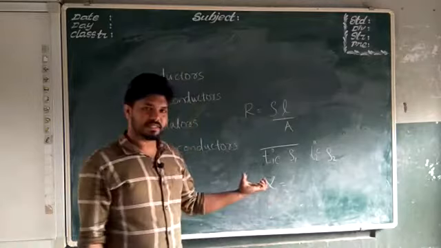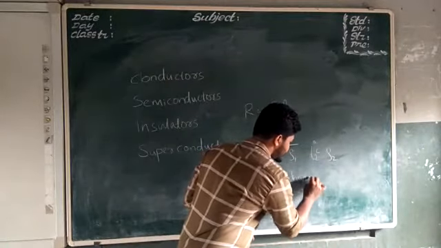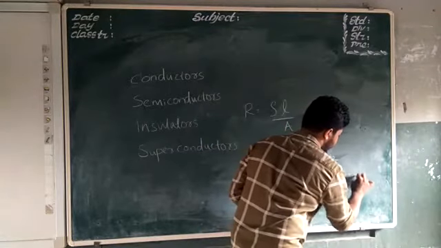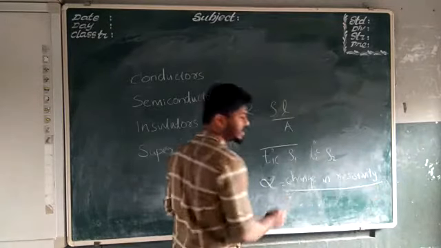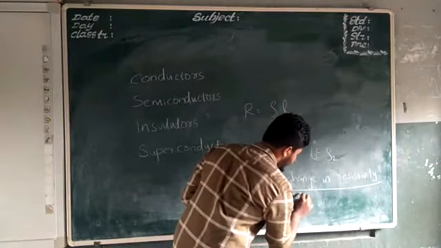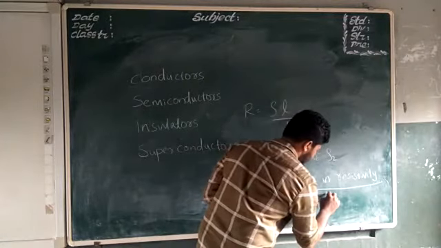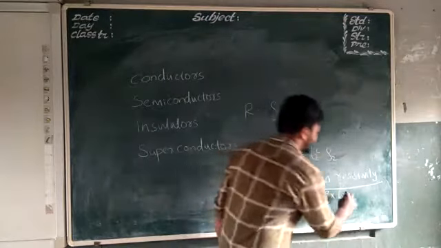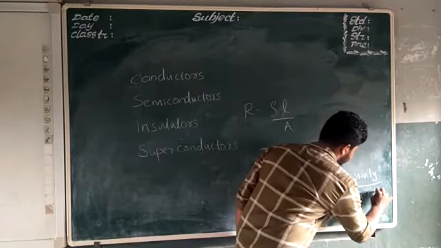Alpha is defined as the change in resistivity divided by the original resistivity into temperature.